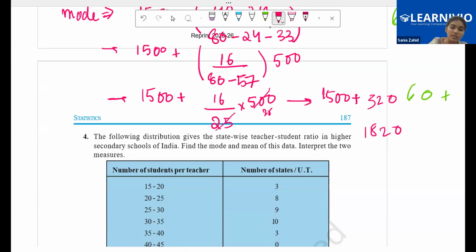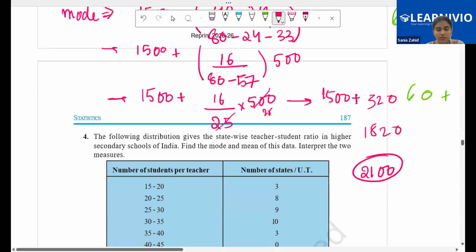Could you please speak a little loudly? 2,100. You're getting 2,100. You took 23 only, right? No, then also you won't get this answer.